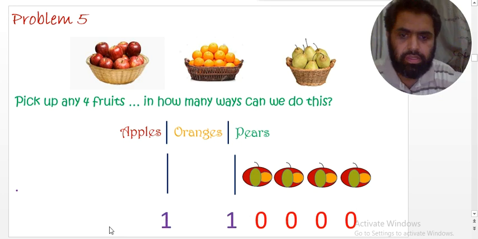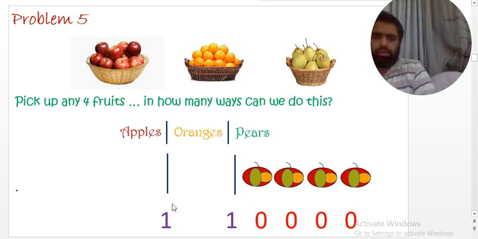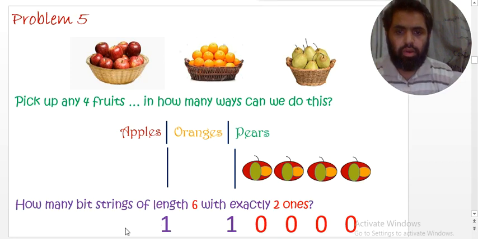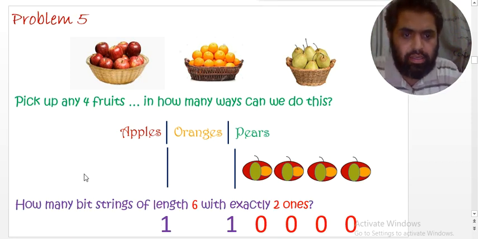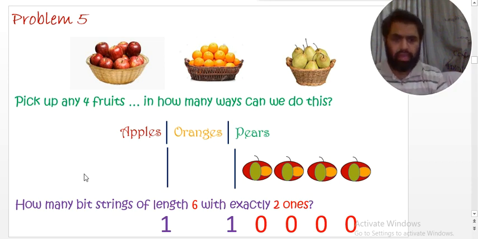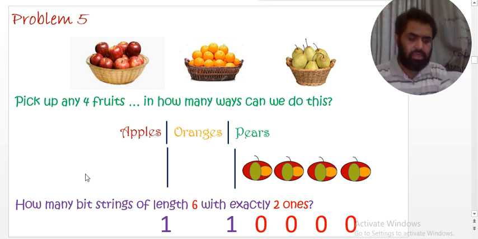Obviously, the length is 6: there are 2 ones, so there are 4 zeros. So how many bit strings of length 6 with exactly 2 ones do I get? This problem we have already done in the first questions of this assignment. If we have length n and there are r ones, how many bit strings can I have? The answer is n choose r.